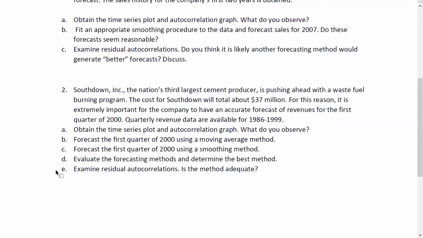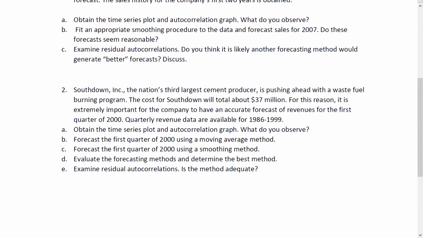Part E, examine residual autocorrelations. Is the method adequate? So basically, this question is similar to the first one. The actual step we need to do is to perform a forecast using a moving average method as well. Let's go ahead and start the analysis.